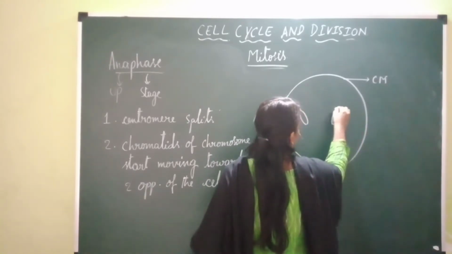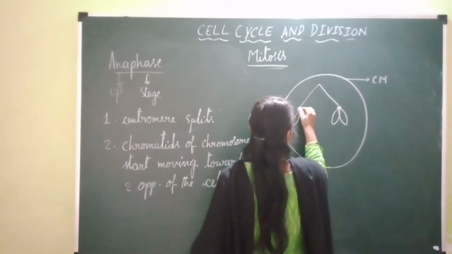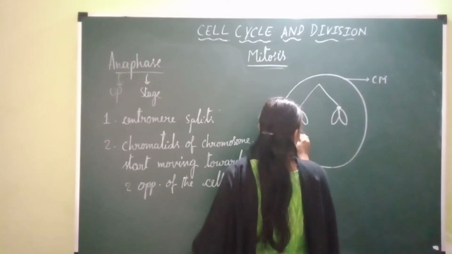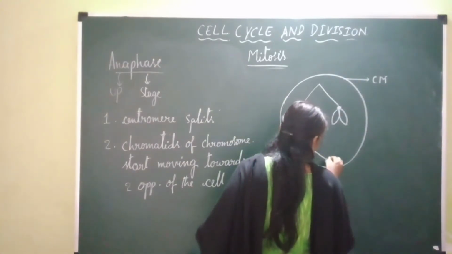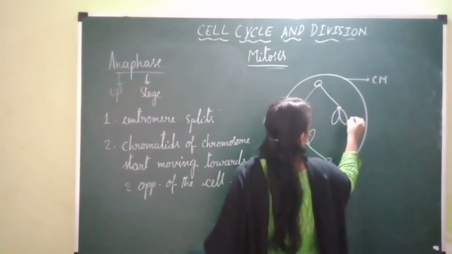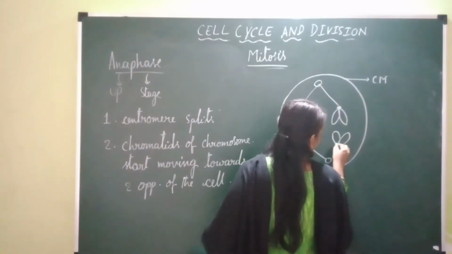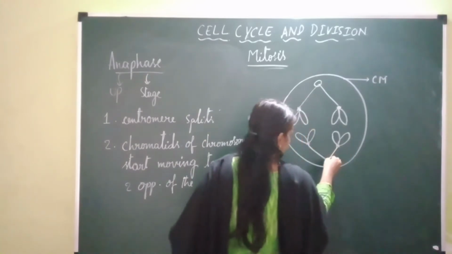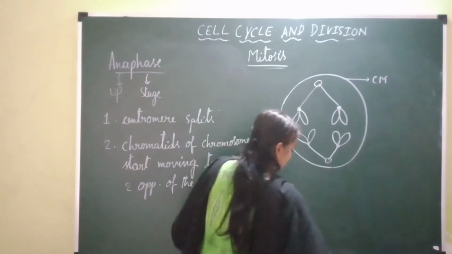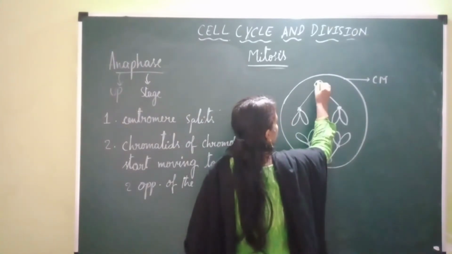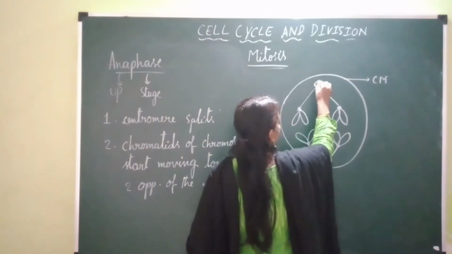This is the centromere, and they are joined at kinetochores. Like this, they are moving towards two opposite poles. This is the centrosome. Inside the centrosome, we know centrioles are present, which are perpendicular to each other.